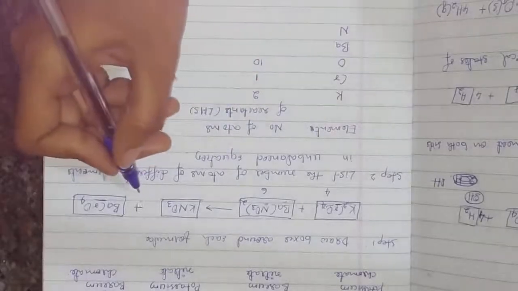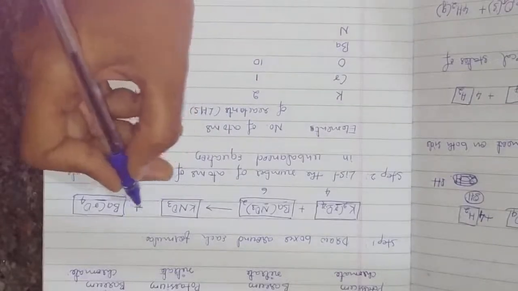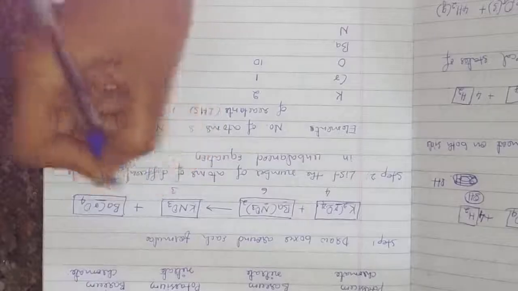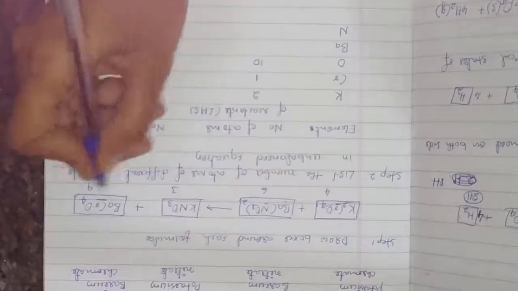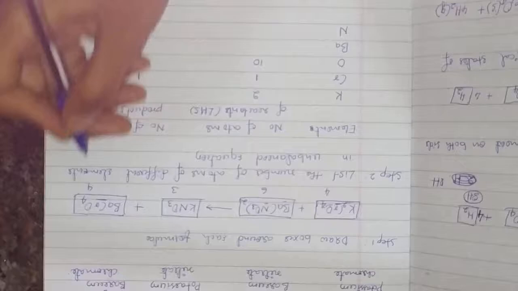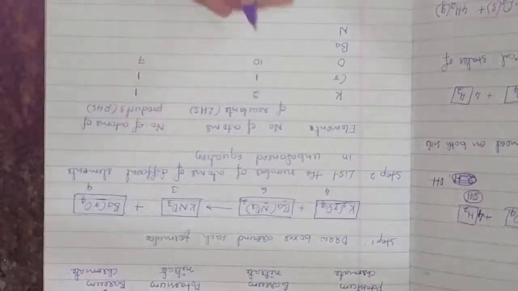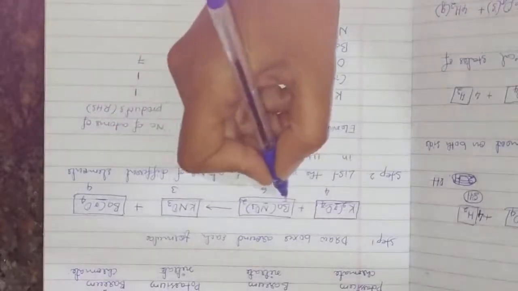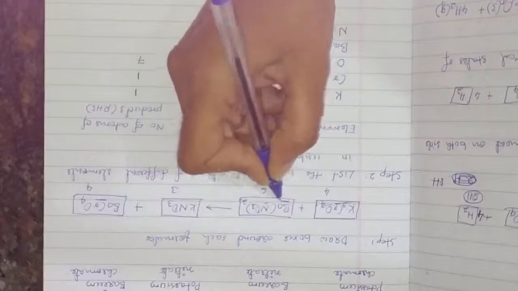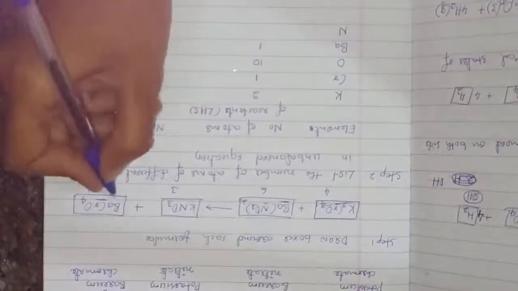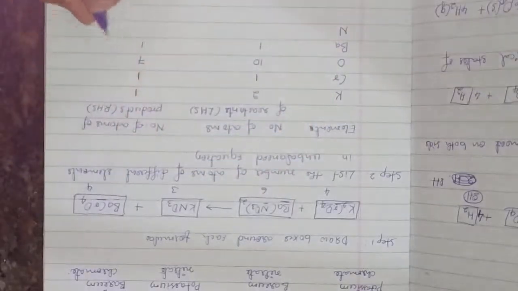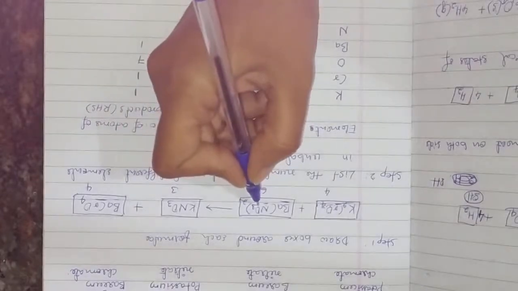Now we will count the number for the product side. See here 3, and here 4 oxygen atoms, 3 plus 4 is 7. Next we will count the barium atoms. On the reactant side 1, on the product side also 1. Now we will count the nitrogen atoms.